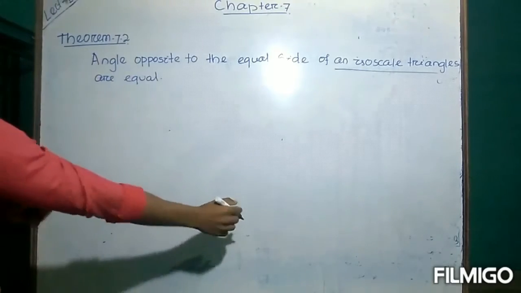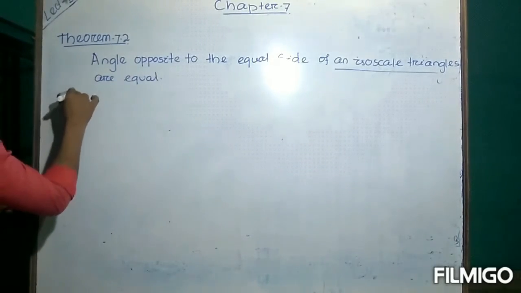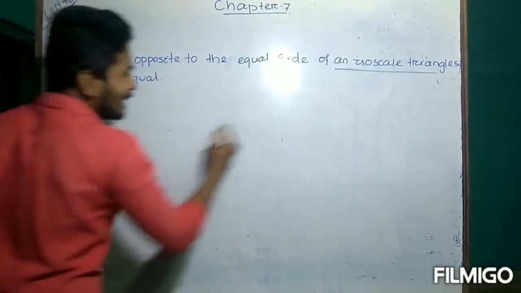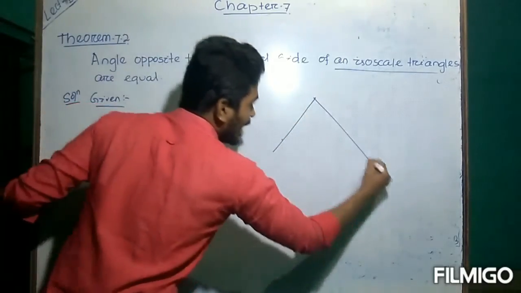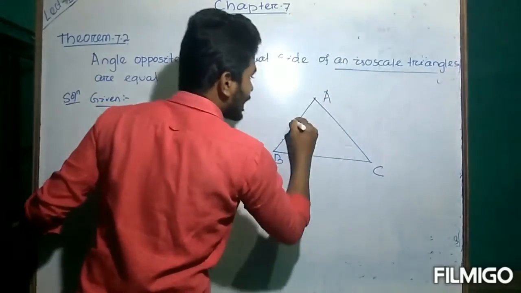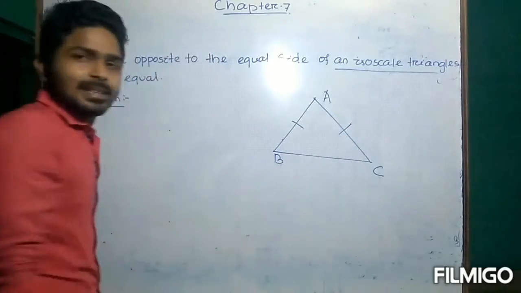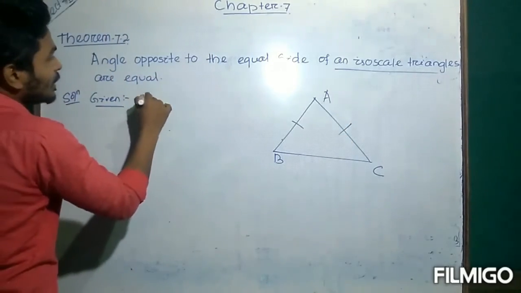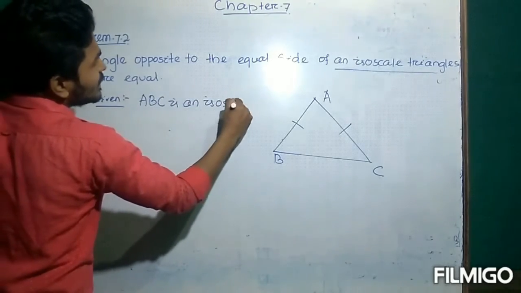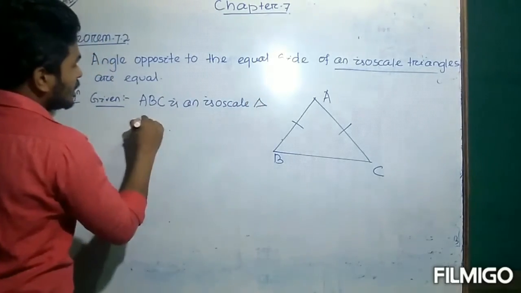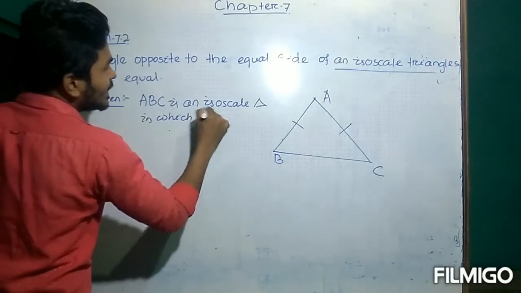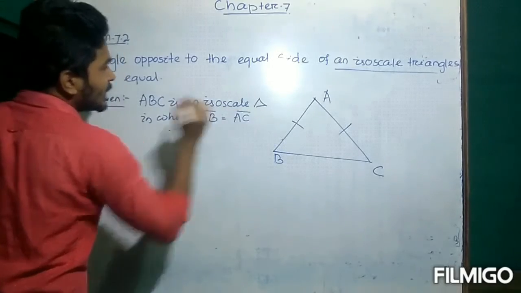Okay, so first we have to write what is given. So it is given that ABC is an isosceles triangle in which AB side is equal to AC side.